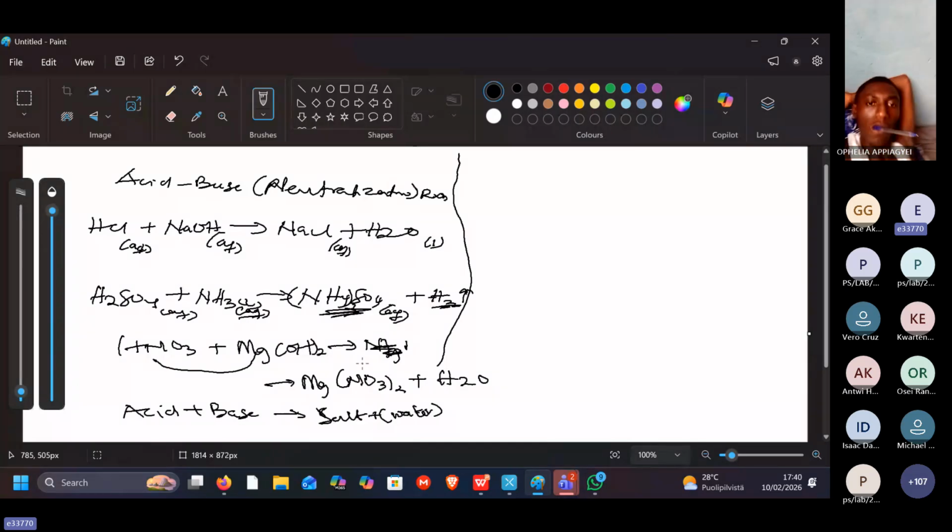That's what we call the common salt. So in a neutralization reaction, you see that it falls under double displacement, where one is trying to displace the other. Eventually you end up producing a salt in water.